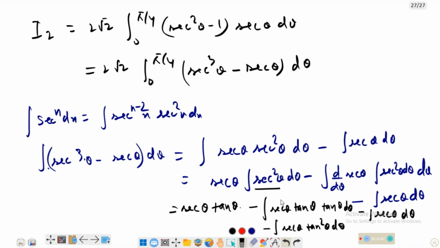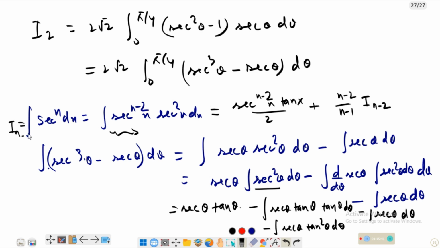After this calculation I come to this induction step. When I calculated this integral, I came to sec to the power n minus 2 x tan x upon 2 plus n minus 2 upon n minus 1 I n minus 2, if I say this is In.